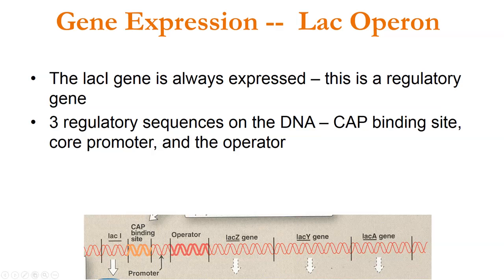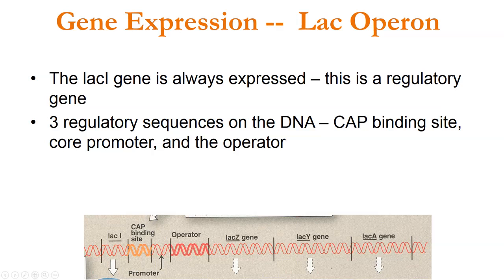So we actually have three regulatory sequences that we're going to talk about that are on the DNA molecule. These are in this promoter region and are going to determine whether or not we turn on this LAC operon and synthesize the messenger RNA to produce these proteins. We do have our core promoter region, which we've already talked about. That's common to all promoters.